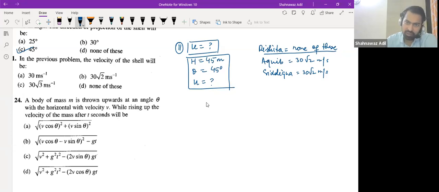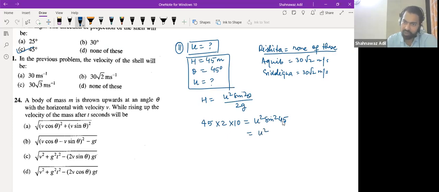H is U square sine square theta by 2g. H you already know, into 2 into g, that is 10. And then for U we have to calculate sine square of theta, where theta is 45. So sine 45 is 1 by root 2, so sine square would be 1 by 2, and this 2 goes in here.